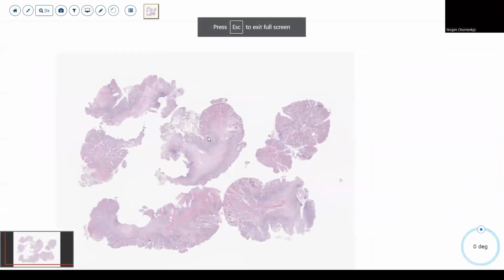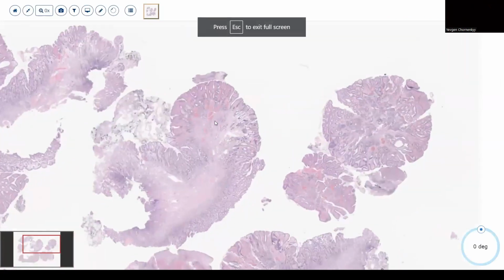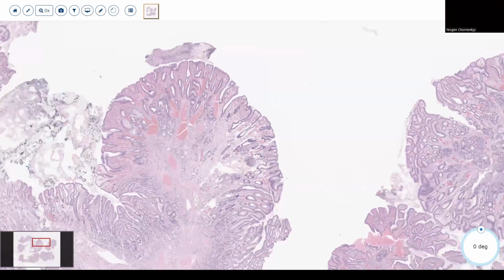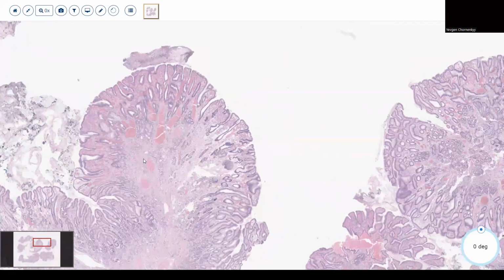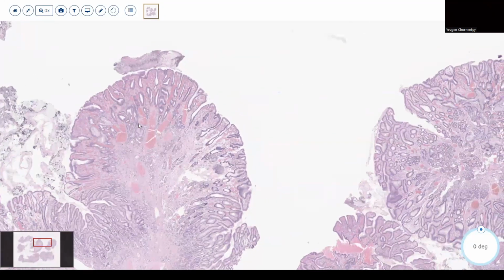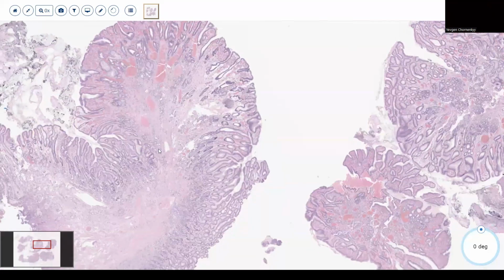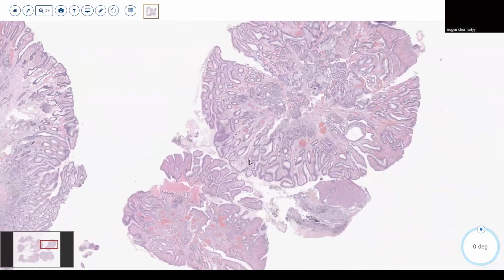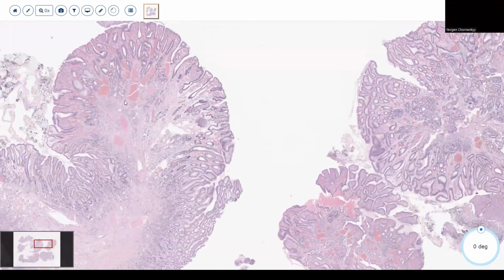Even from this power, what's super striking to you here? Very eosinophilic. What about these right here? Dilated vessels, probably. And what do people with cirrhosis tend to get in their esophageal tract?